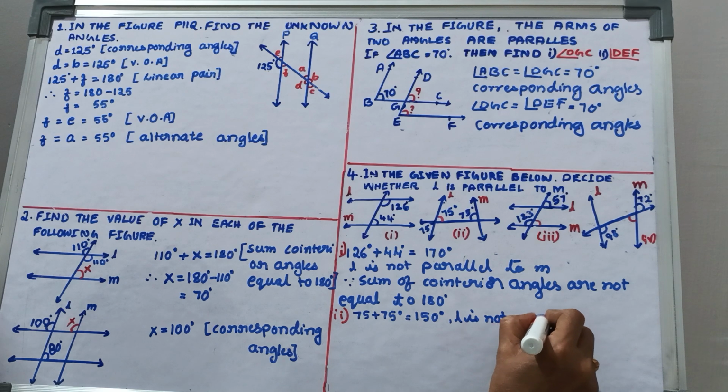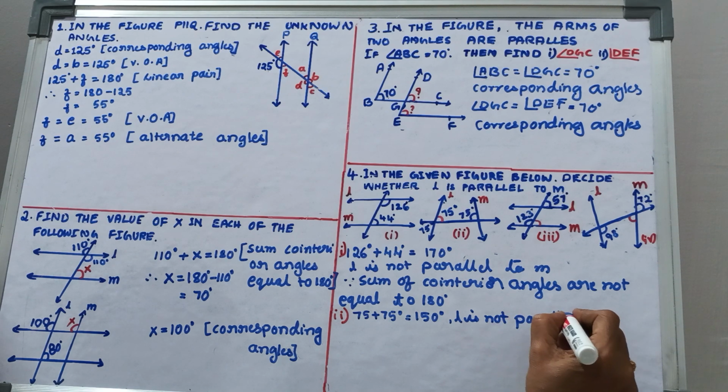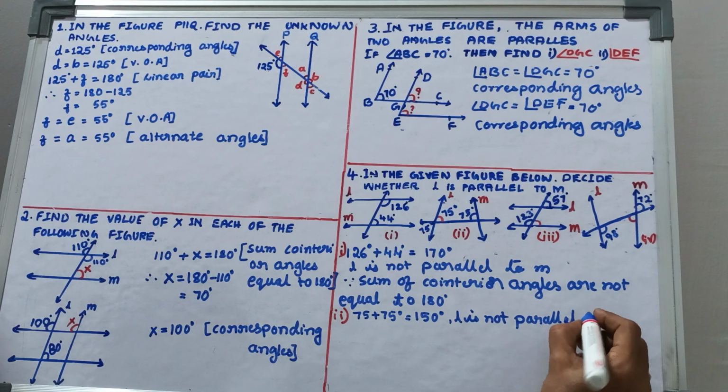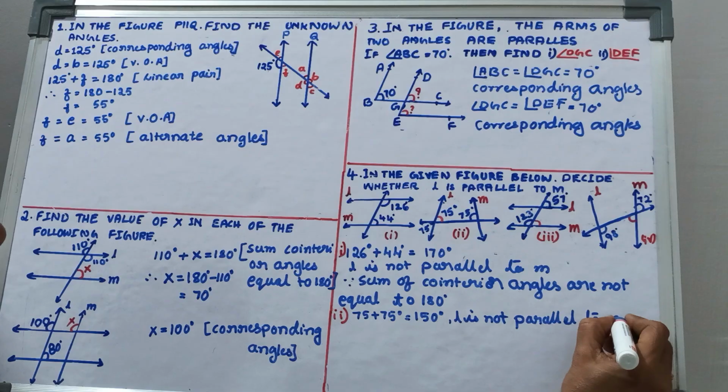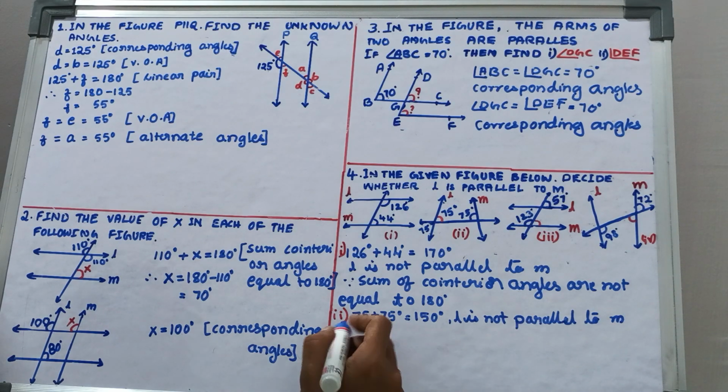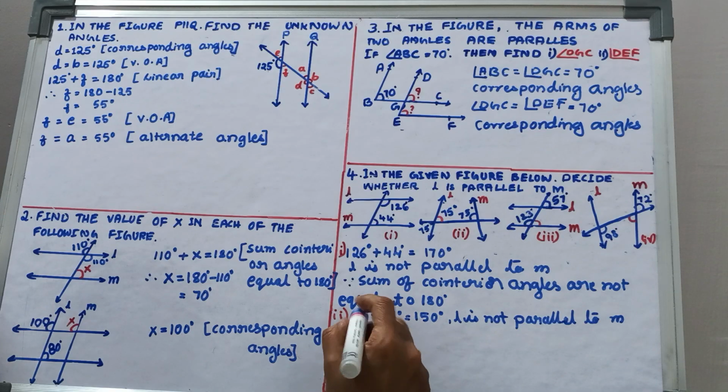What is the reason? Again, angles on the same side of the transversal is not equal to 180 degree. Same reason.